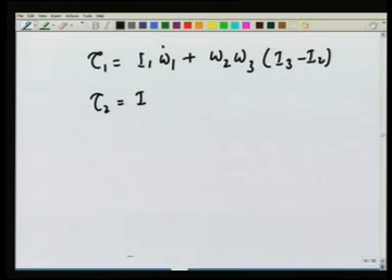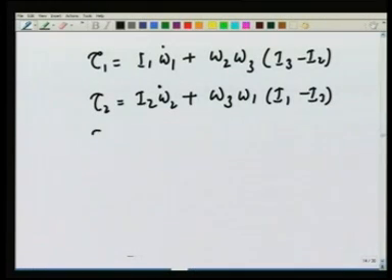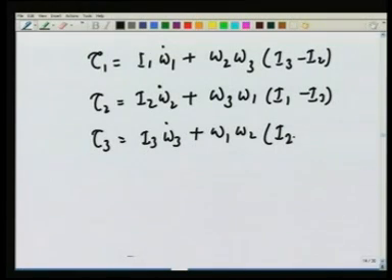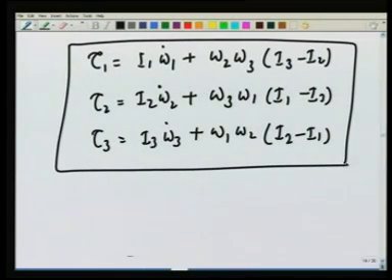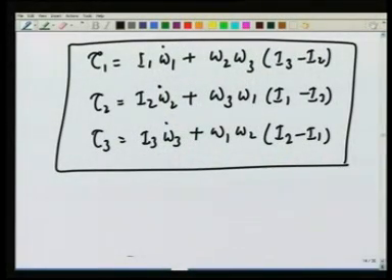Tau 2 equals I2 omega 2 dot plus omega 3 omega 1 (I1 minus I3), and tau 3 equals I3 omega 3 dot plus omega 1 omega 2 (I2 minus I1), where the directions 1, 2 and 3 refer to the principal axes of the rigid body, and omega 1, omega 2, omega 3 are the components of the angular velocity along those axes, and omega 1 dot, omega 2 dot, omega 3 dot are the components of change in omega along these axes.